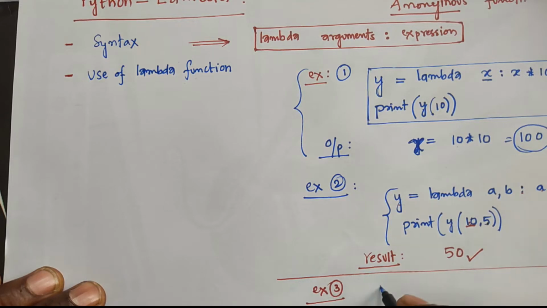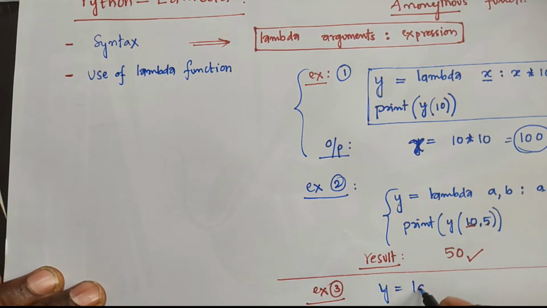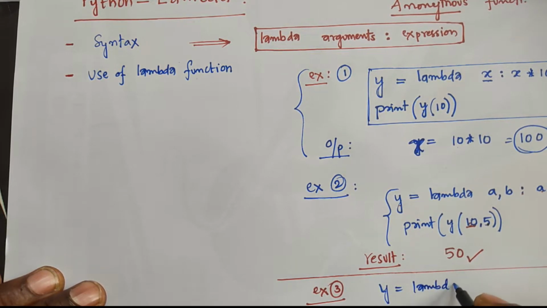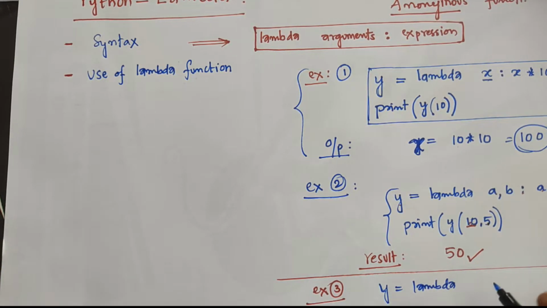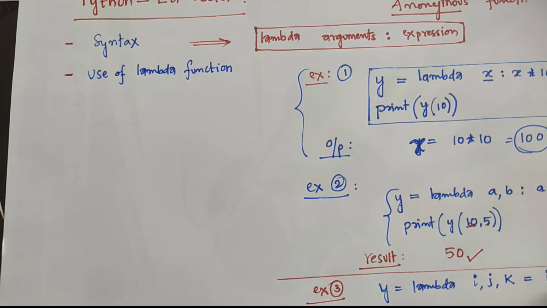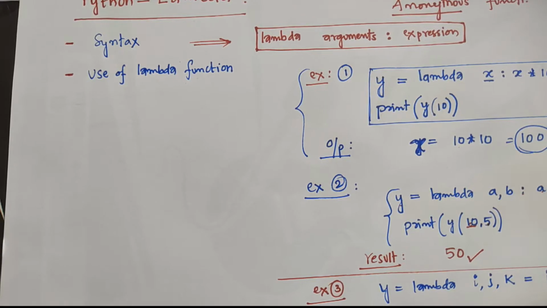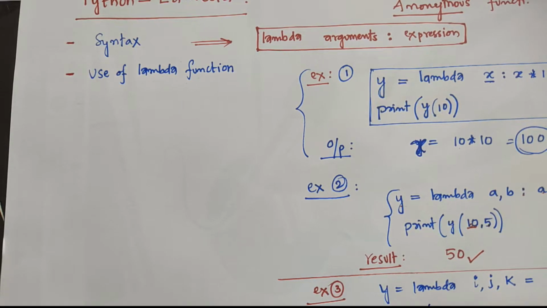I'm representing the same, y is equal to lambda. I'm taking the example i comma j comma k colon i into j into k. Then I'm writing print of the function name y.